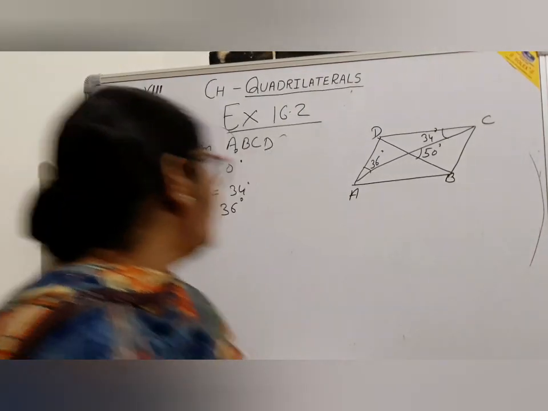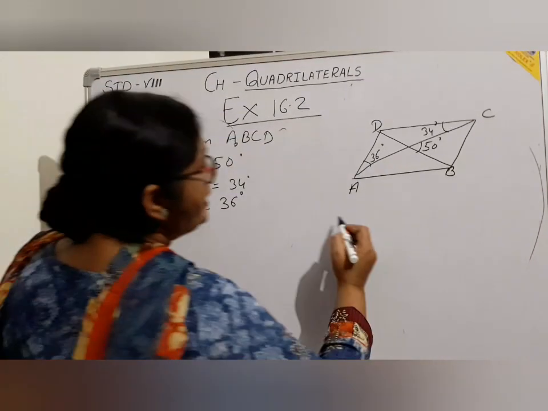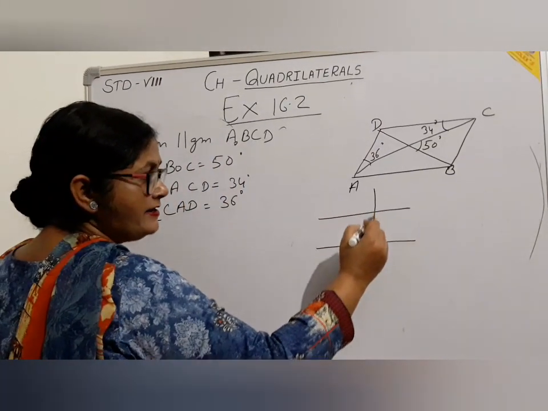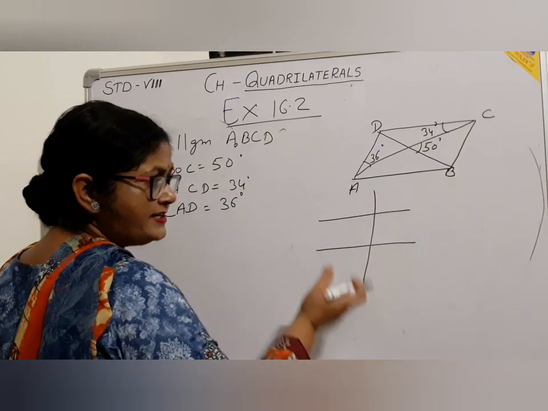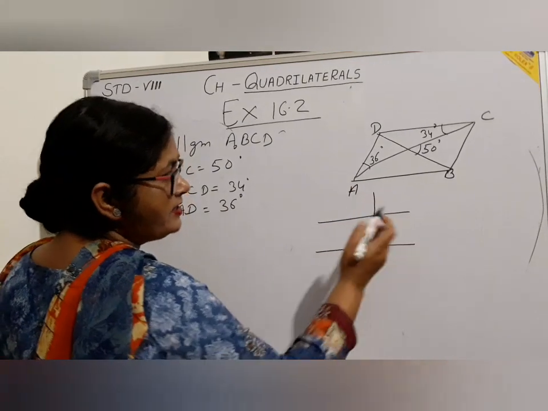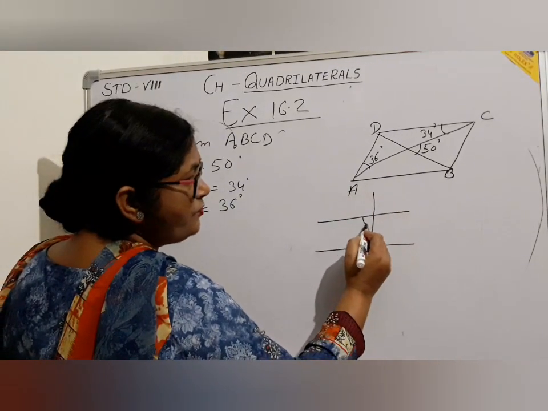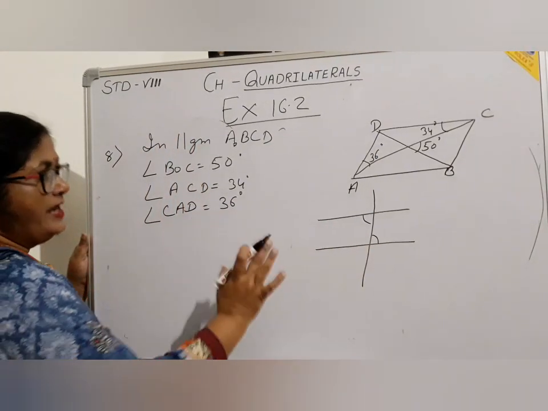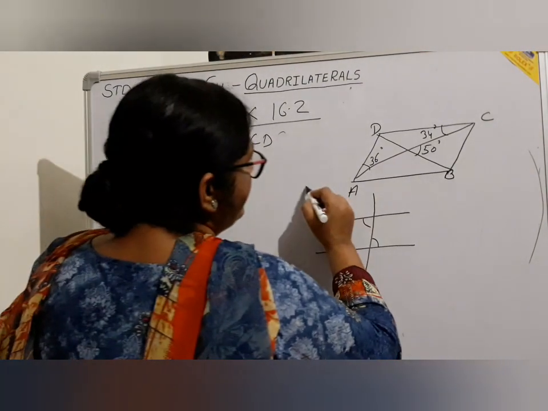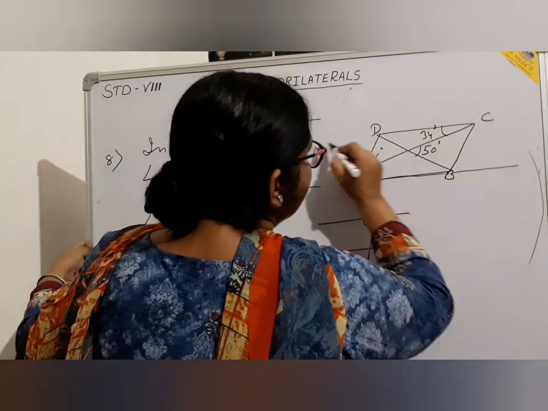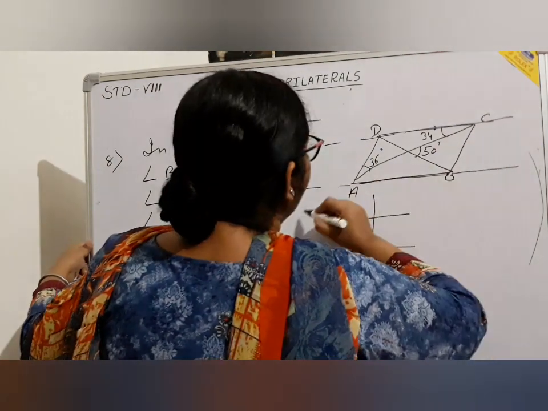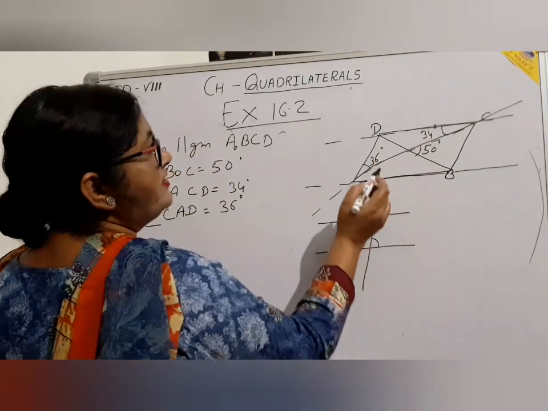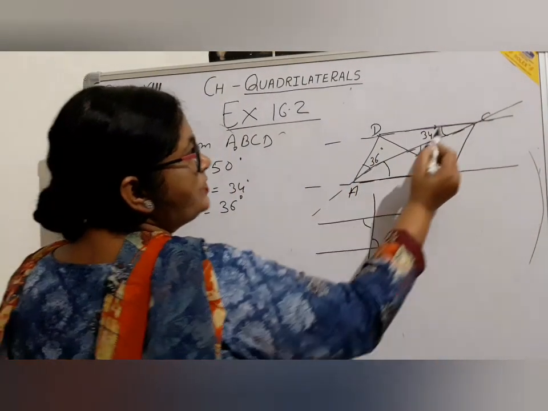Yes students, you know when two lines are parallel and one line cuts, means intersects, a transversal, these two angles are called alternate angles. Same condition in this sum. These two lines are parallel and this diagonal cuts, this angle is equal to 34.